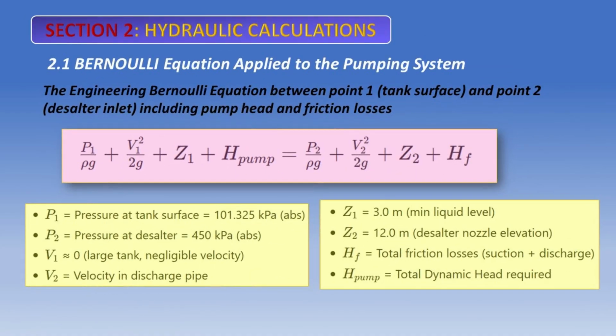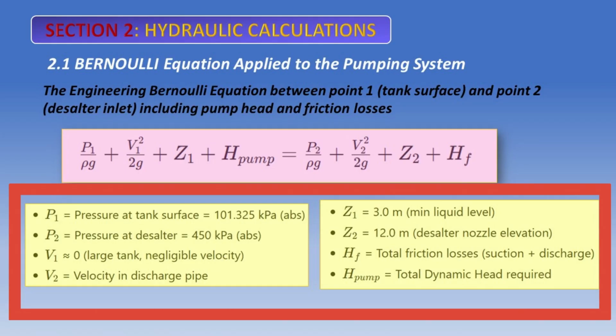To determine the required pump head, we apply the engineering Bernoulli Equation. This equation is the fundamental energy balance for our system. The equation balances the pressure energy, kinetic energy, and potential energy at the suction tank surface, point 1, and the desalter inlet, point 2.